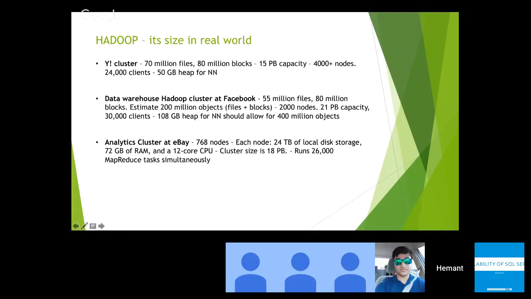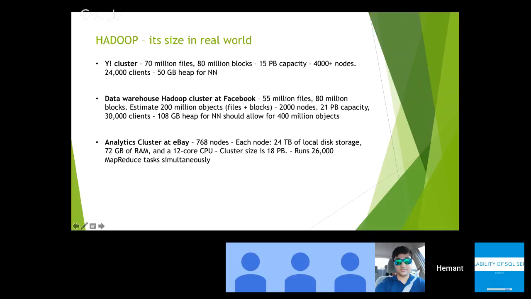For Facebook, we already know how much data it produces. The Hadoop system consists of that many million blocks of data, and objects, which are files and blocks, basically storage, videos, pictures, and chats, with 21 petabytes of capacity and a number of clients.